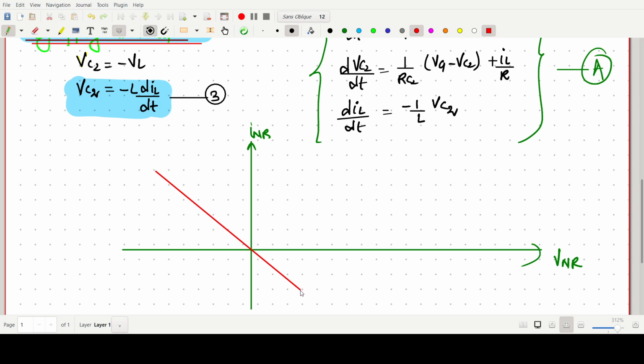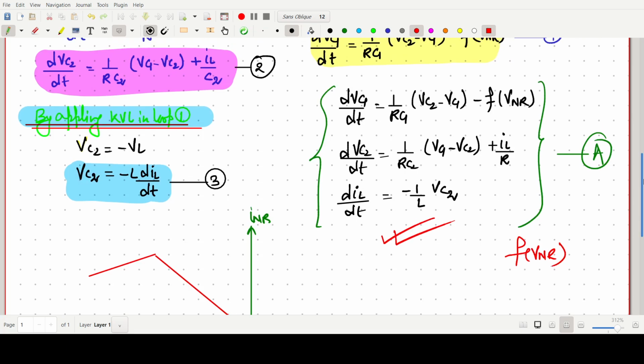It will pass through the origin, and there may be some slope, depending upon the different negative resistance. So this one is the f(VNR).